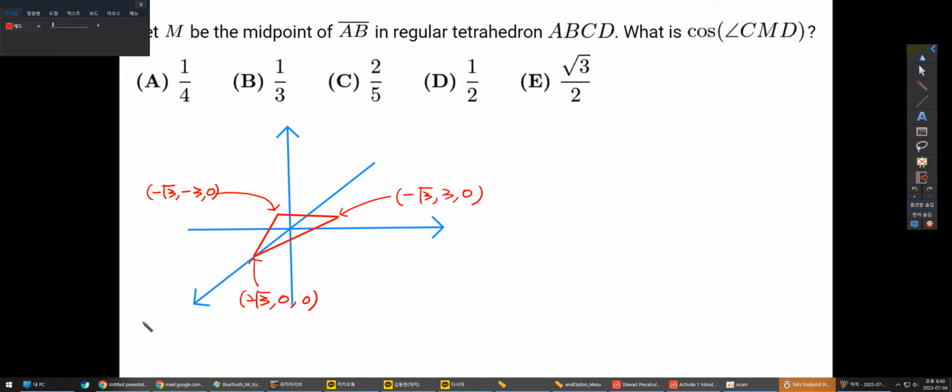Okay. And then we can make, let's say, A, B, C here, and for D, D will be located on the x-axis.